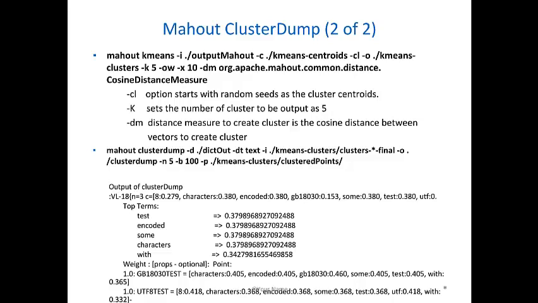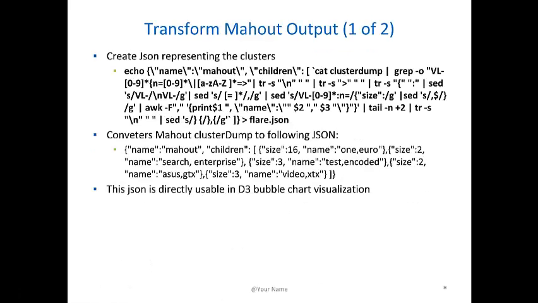So to describe the sample output, the n here is the size of the cluster, n equals 3. So this cluster has 3 documents, and BL-18 is the cluster ID generated by Mahout, and GB18 is basically the document ID.